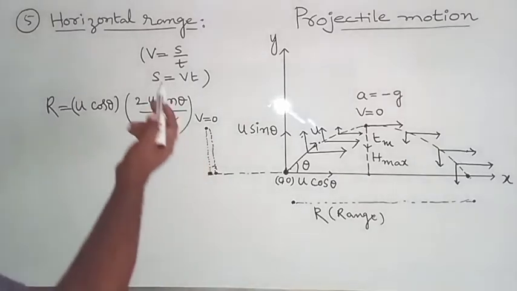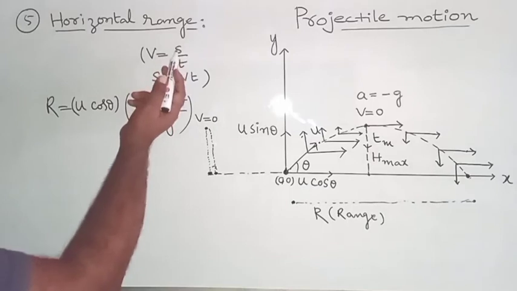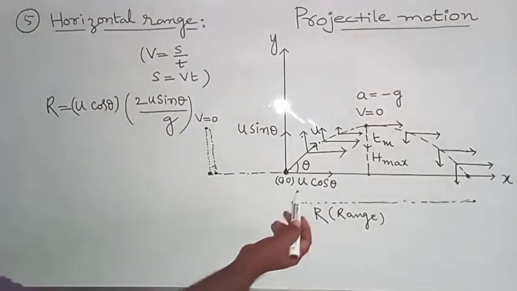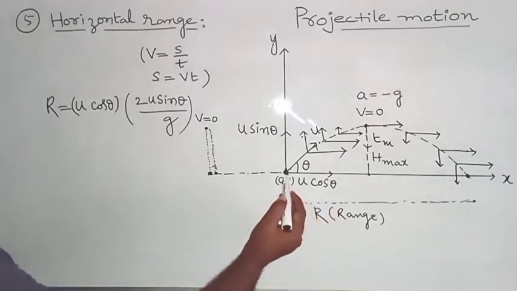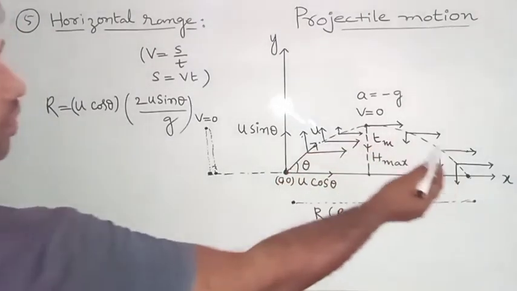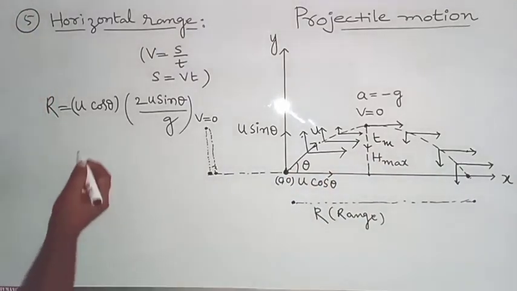We know that velocity equals displacement by time. So horizontal displacement s equals velocity into time, that means horizontal velocity into time of flight. Time of flight means from the projected point to the reached point, how much time is taken by the particle.